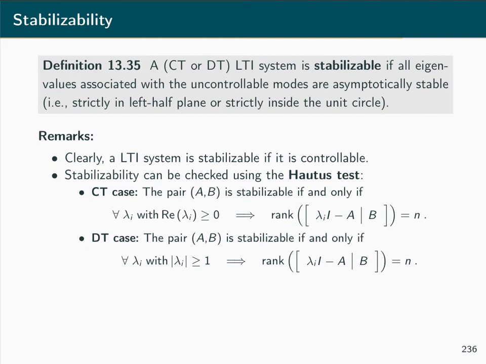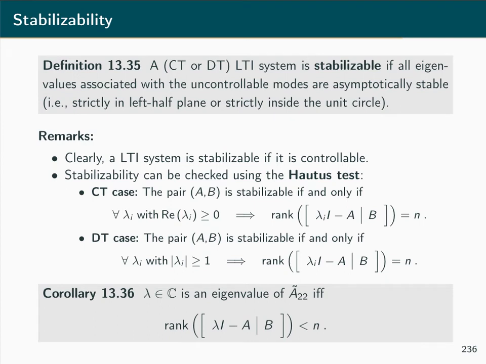And analogously, for the discrete time case, the pair (A, B) is stabilizable if and only if for every eigenvalue lambda i which is not asymptotically stable, we must have that the rank of this matrix involving the eigenvalue lambda i is equal to n.